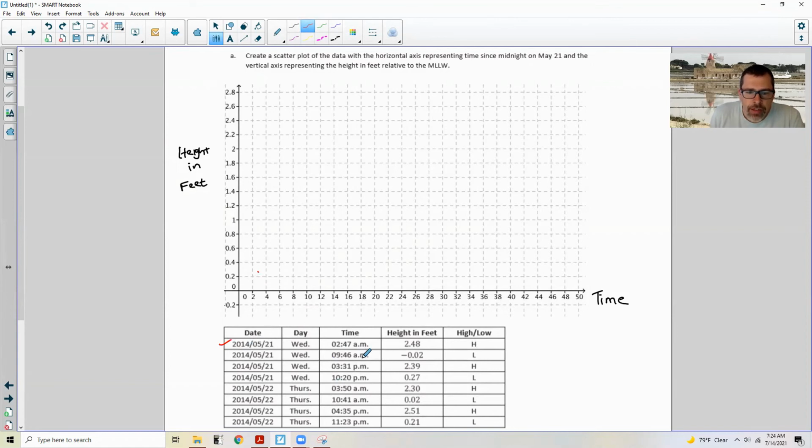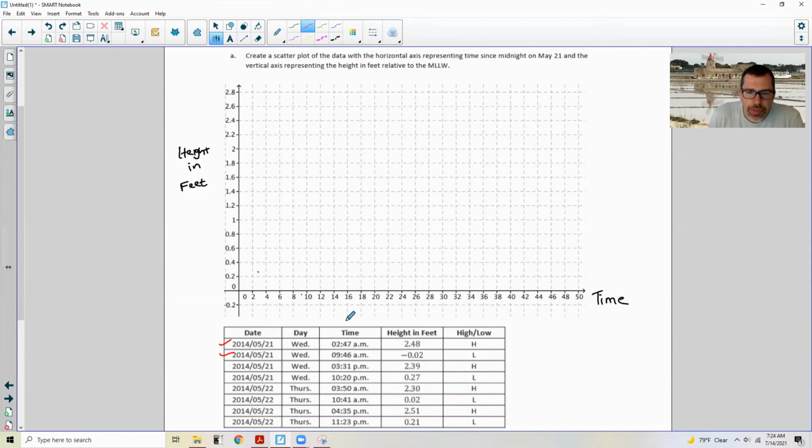Okay, continuing on, 9:46 a.m. is, here's 9. So it's partway between 9 and 10. Negative 0.02. So about there. And then at 3:31 p.m., 12 plus 3 is 15. That'd be 15:31 military time.